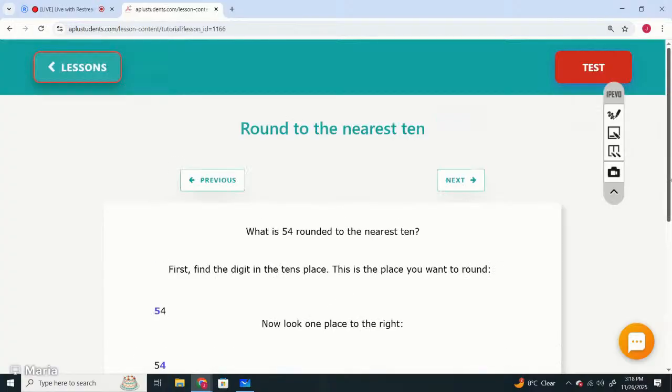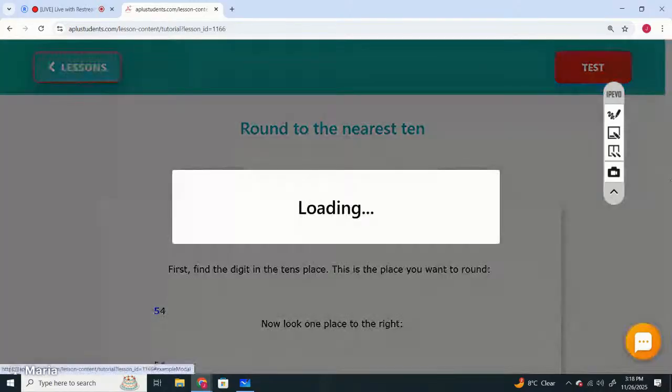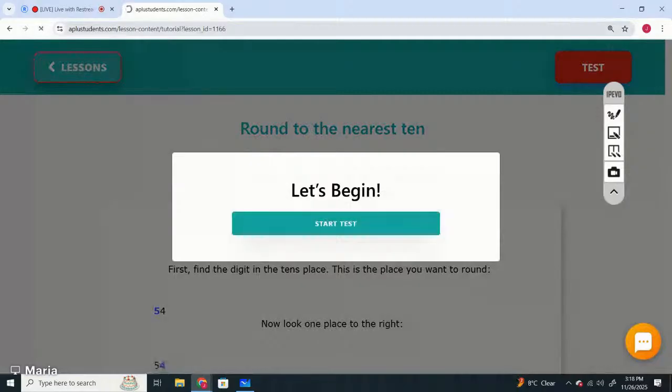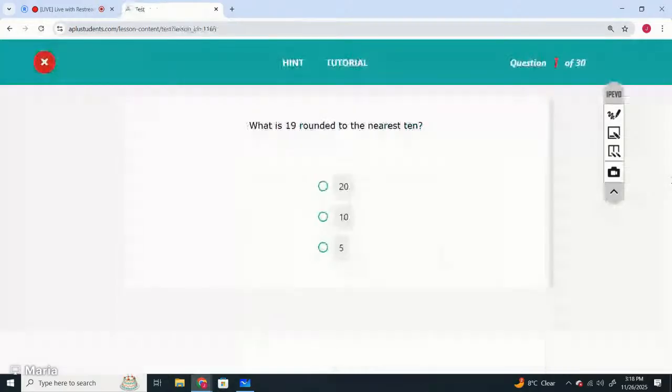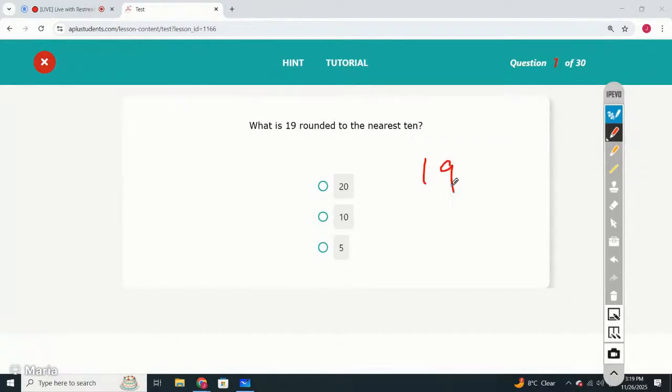Okay, let's just start with the test questions. What is 19 rounded to the nearest 10? So which is the correct option? So we need to round off 19, right? To the nearest 10. So 1 is the digit that is at the tens position.